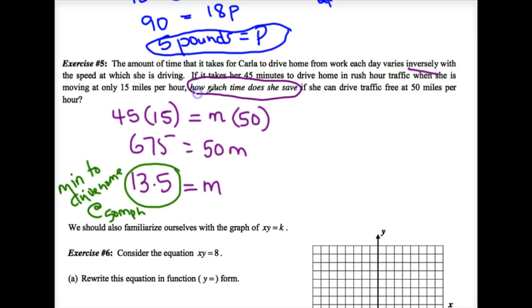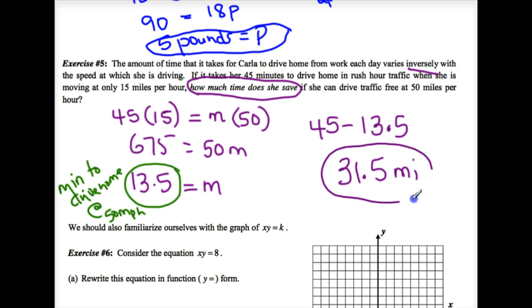So remember, she normally would take 45 minutes, but now she's only using 13.5 minutes. So when I subtract this, I get 31.5 minutes, which is what she is saving if she travels traffic-free at 50 miles an hour.